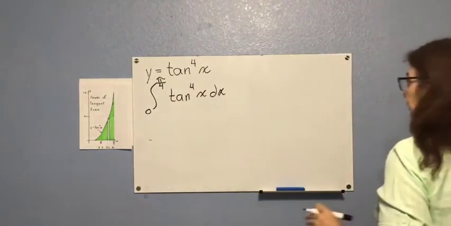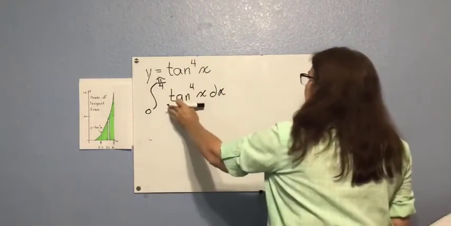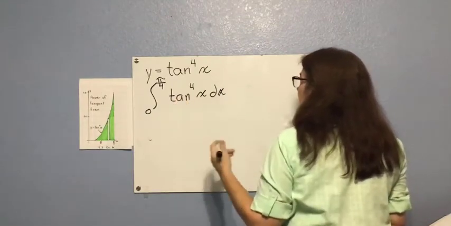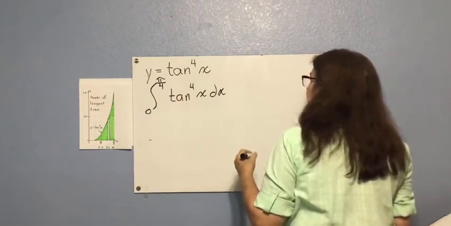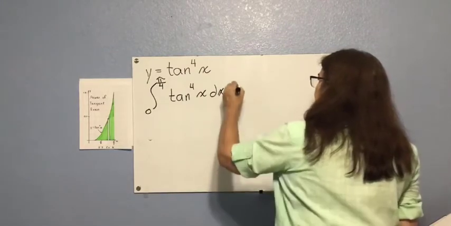To work this integral, I don't have any factors of secant, so I'm going to take one of the tangents squared, so 2 powers of tangent, and convert them to secant.